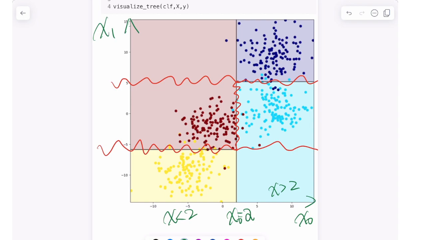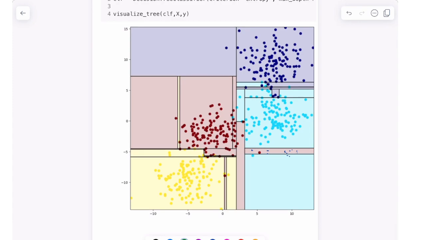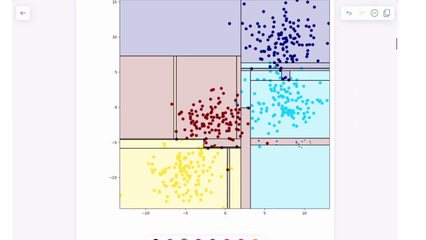Because let's take a look at this one. You can separate the space in a very complex way like this one. And even though, for example, like the data point right here, we don't know why this data point is right here. Maybe it is an outlier, or maybe it's just some data point which was not collected correctly.